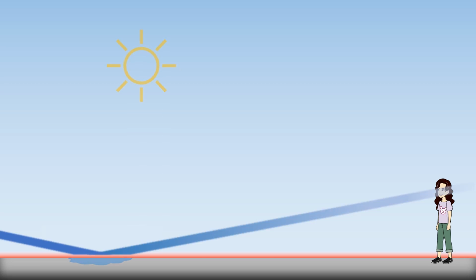Our brain recognizes this as light emitted from the asphalt. We perceive the reflection of the sky on the hot air layer above the asphalt as water on the road. Additionally, this water seems to shimmer due to the movement of hot air that creates variations in the refractive index of light.